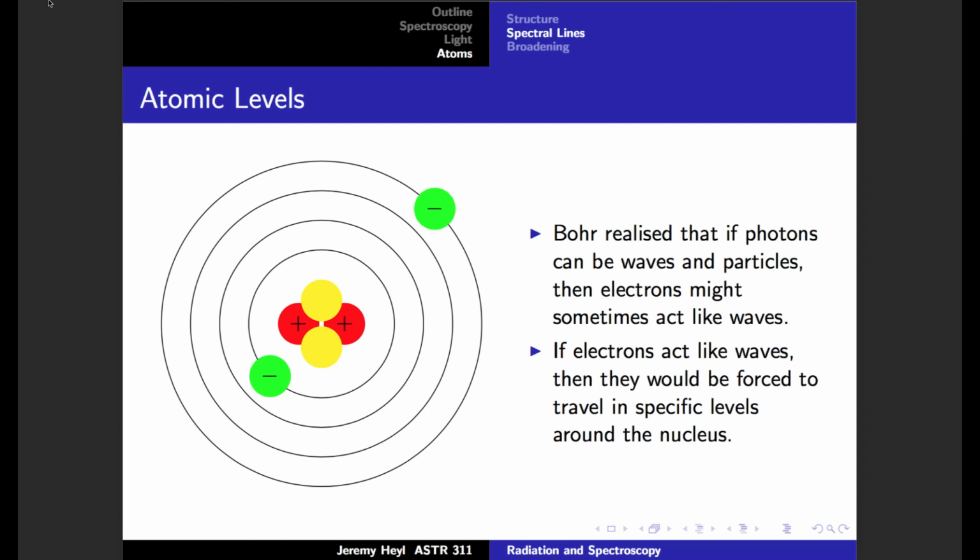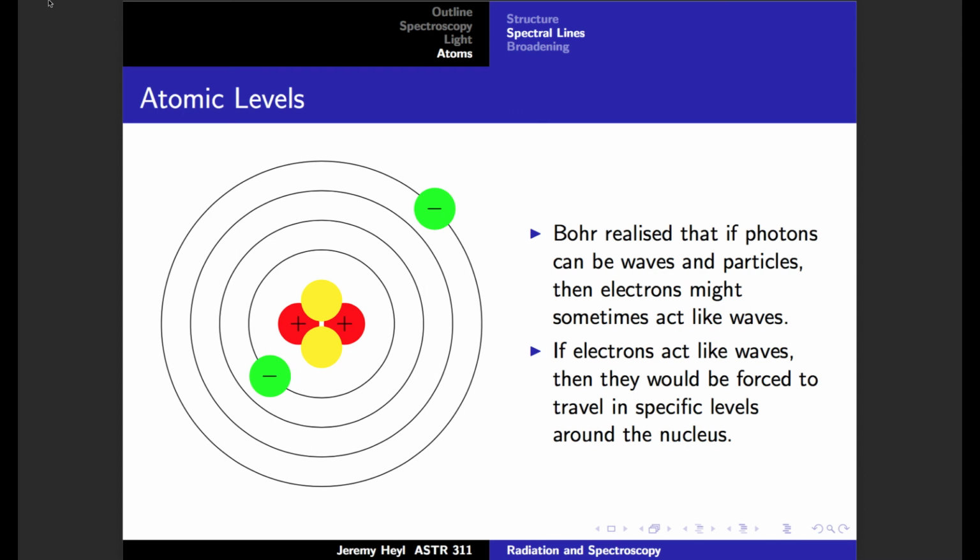And the first guess that they made was that if the electrons are waves, not just particles, they can act both ways, you would imagine that an electron, as it goes around, would have to have a given number of wavelengths in that circle. And that model actually worked quite well for hydrogen, this really basic idea.